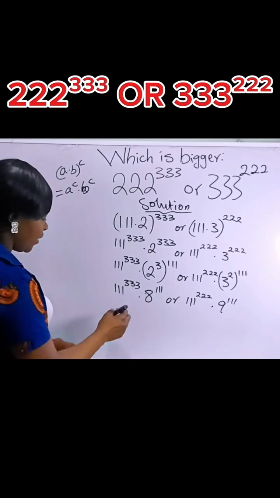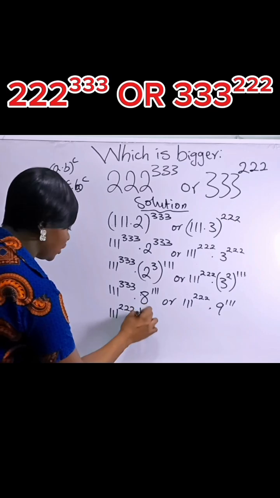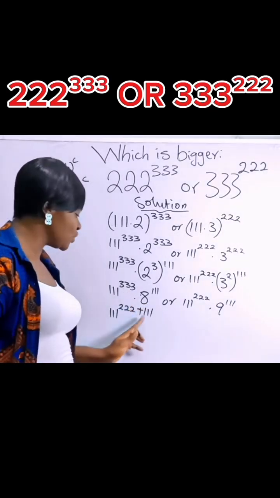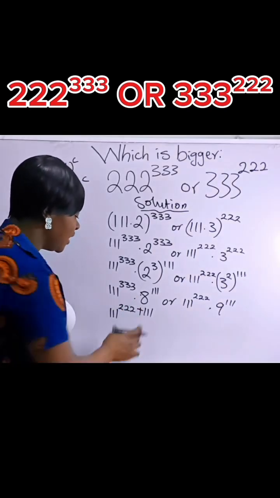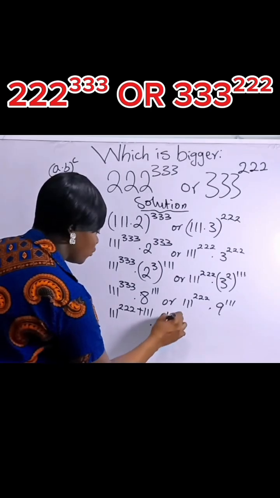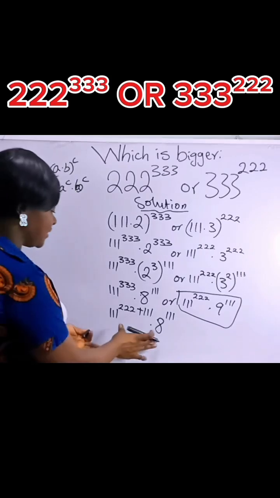From here we can have 111 to the power of 2 plus 1. Now 2 plus 1 here is 3, so this is still the same thing as this. Now remember, times 8 to the power of 111. Let's leave this here and attend to this.